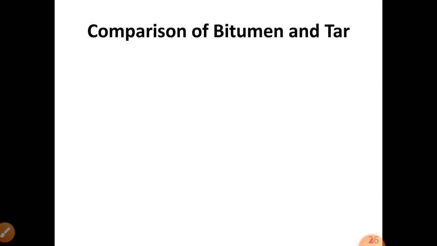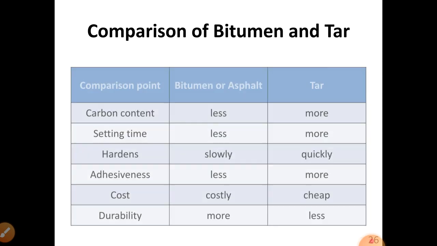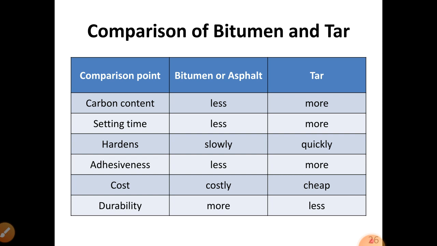Comparison of bitumen and tar, or asphalt and tar. First comparison point, carbon content. Bitumen or asphalt has less carbon content and tar has more carbon content. Comparison point, setting time. Bitumen or asphalt has less setting time and tar has more setting time. Comparison point, hardening.